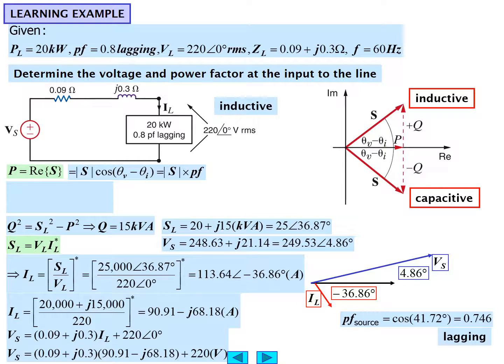It's the angle between the load current and the source, in this case 41.72 degrees, which is the total angle between those two. Be careful about the negative sign for the current because you're interested in the angle between. So in this case, we get 0.746, and we know it's lagging because the definition of I sub L has a negative angle, and therefore would indicate a lagging or capacitive circuit.